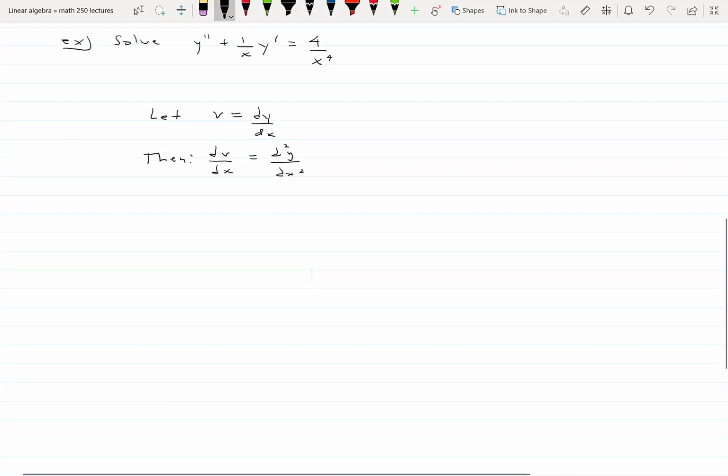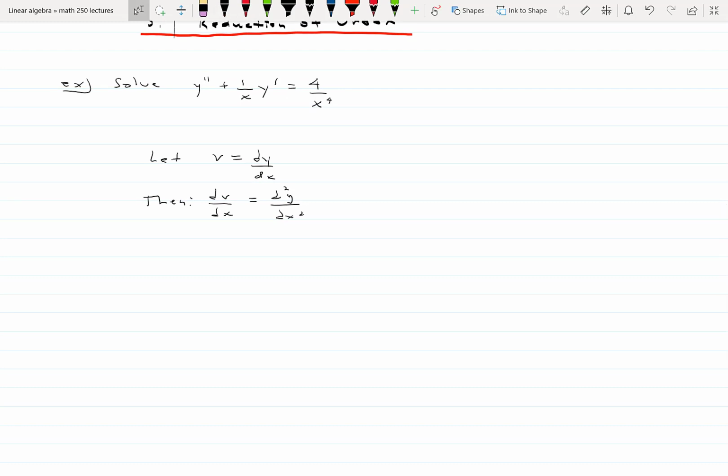Okay, so let's see what happens if I make the substitution into the differential equation. v equals y prime, v equals dy dx, and dv dx equals the second derivative of y. So y double prime is now dv dx, and I'm substituting y prime equals v.